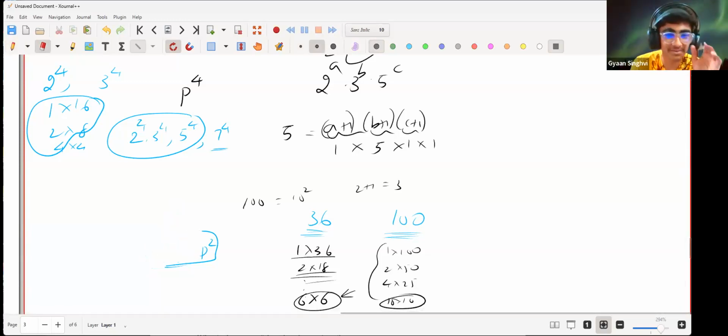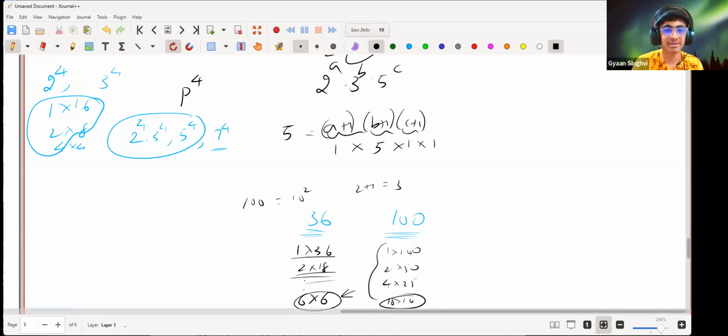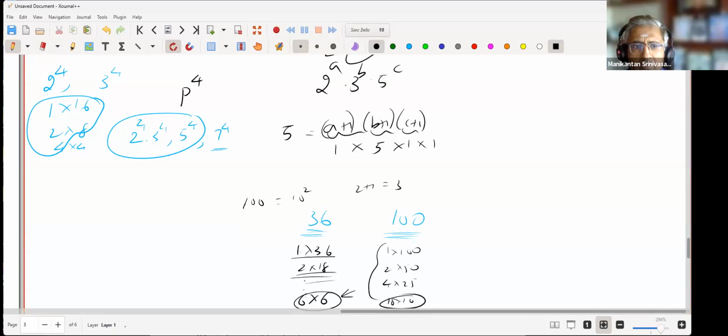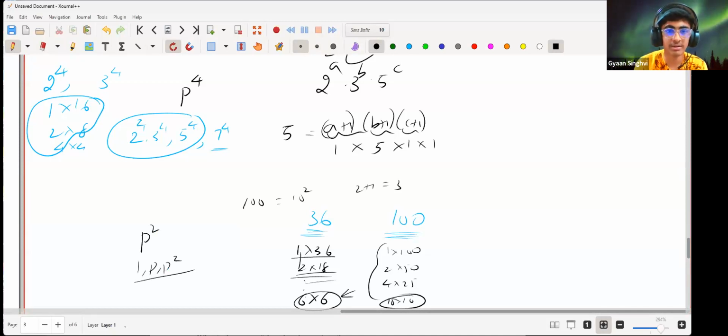Okay, so when a prime number is squared, it will have three factors. That we agree. One, then the number itself, and the square. So the three is a prime number.